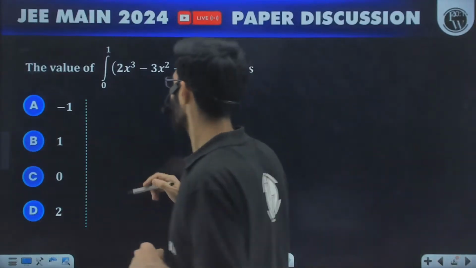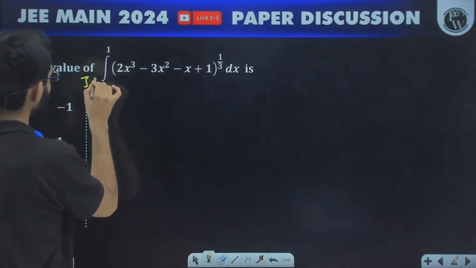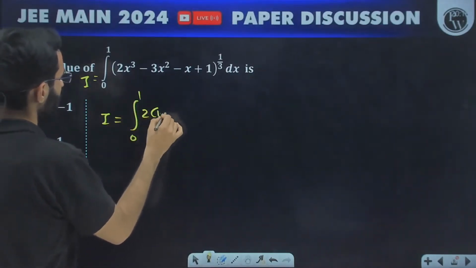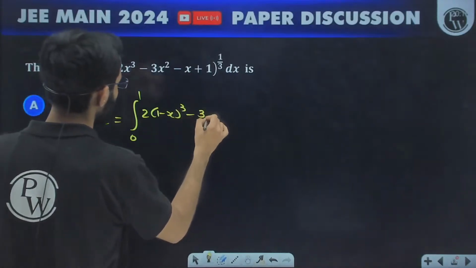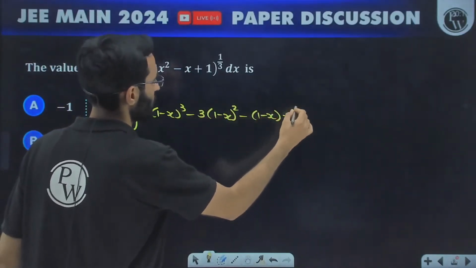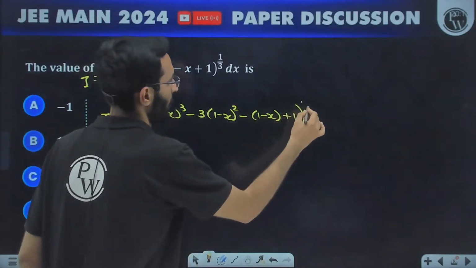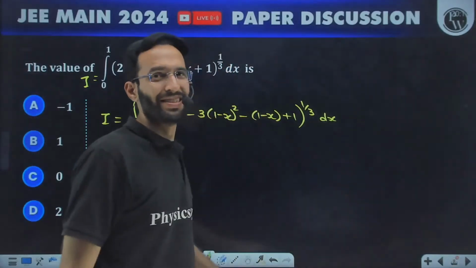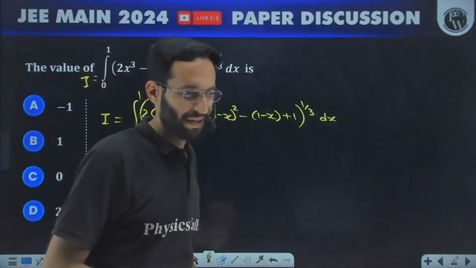If you try to apply King's rule over here, so this is I. Now this I will become integration 0 to 1 of 2 times (1 minus x) whole cube minus 3 times (1 minus x) whole square minus (1 minus x) plus 1, whole to the power 1 by 3. Hope you are getting my point, students. Please give me some response. Right.